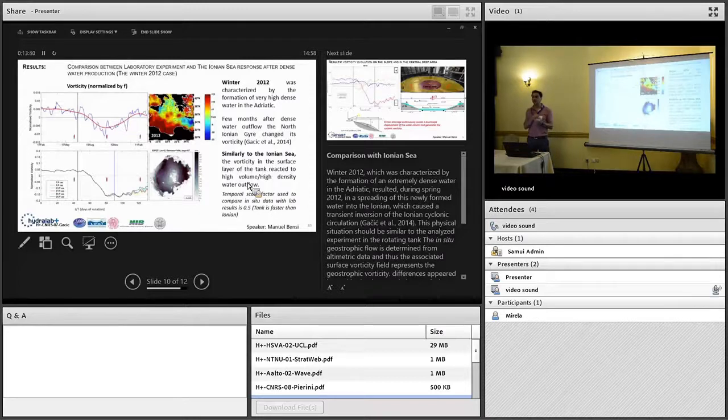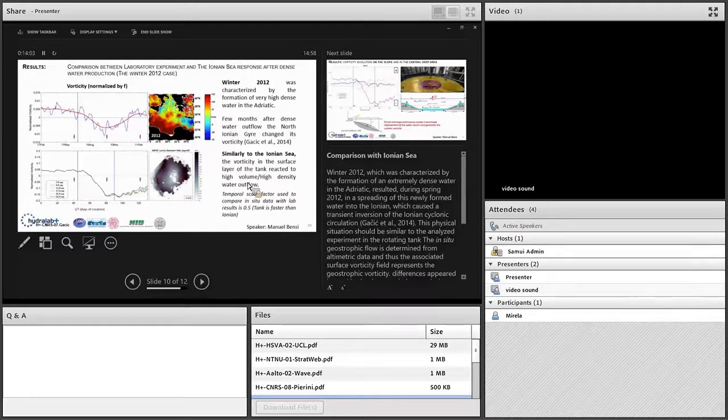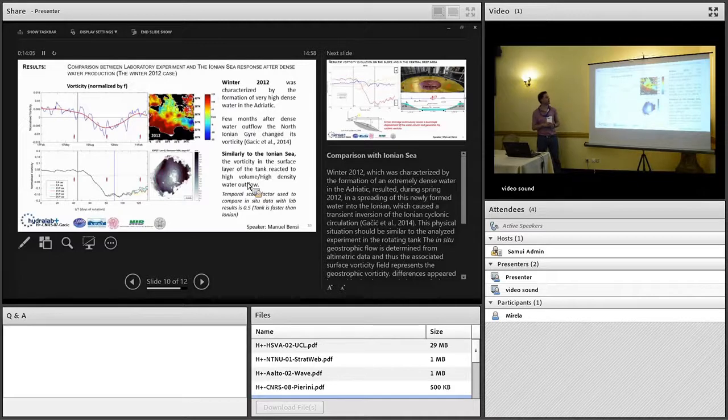It was an extreme condition because, analyzing the data from several institutes and research groups, we found that this condition happened probably only twice during the last century. And one year was exactly 2012.